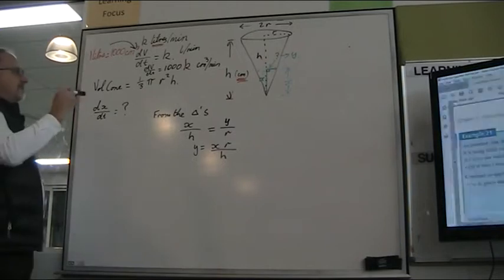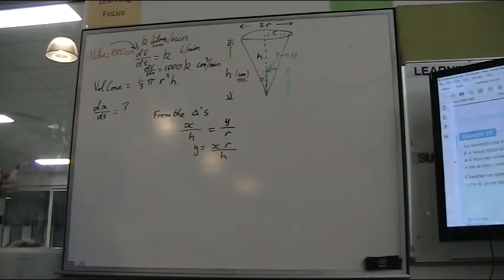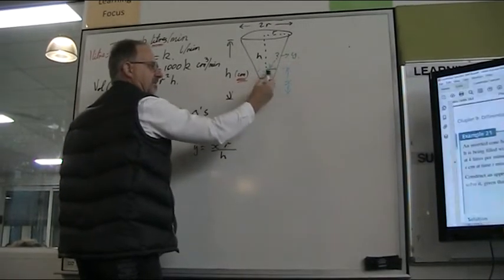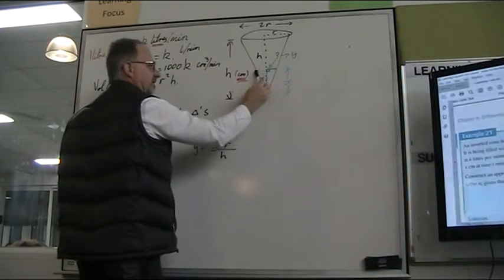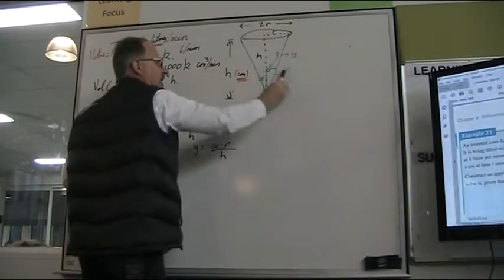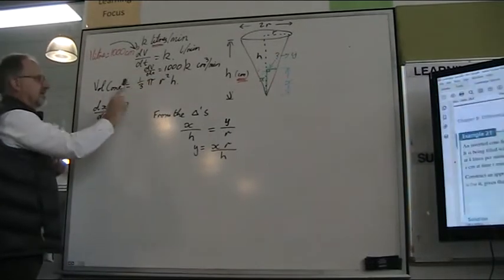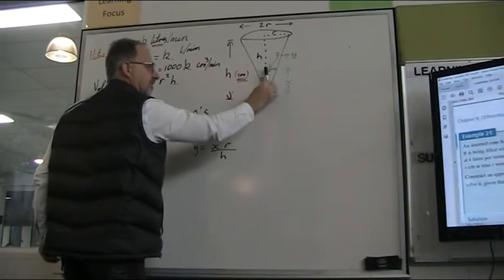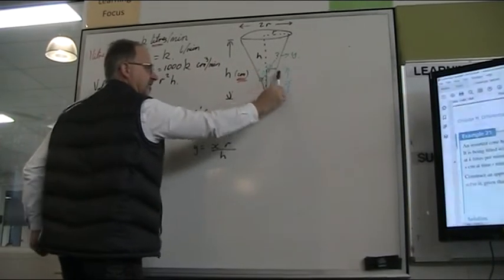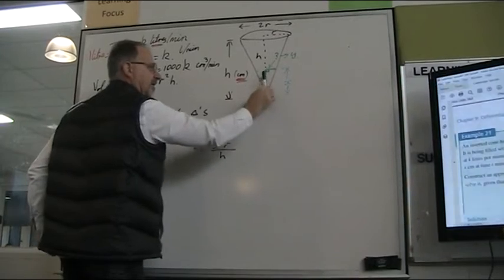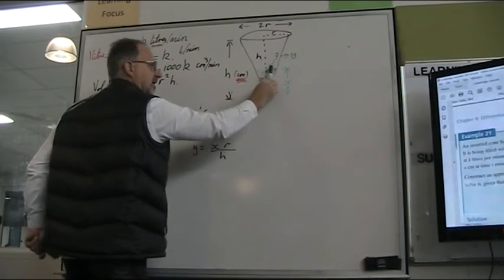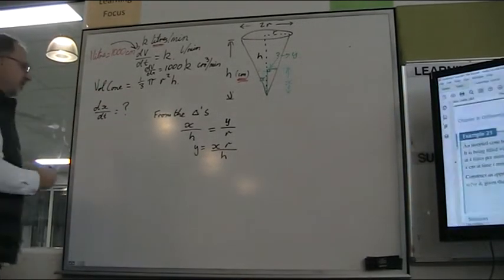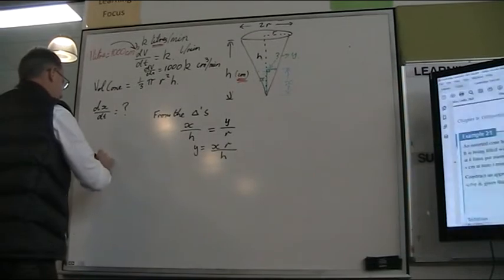So, my volume of the cone, again talking about this blue bit down the bottom here, I don't want the whole volume because I want to know what the volume is at some time. Whatever time this is, we've got the depth of x and a radius there of y, so I can find the volume of water in it.